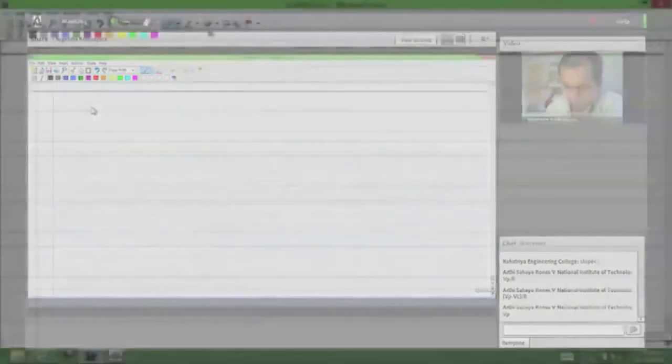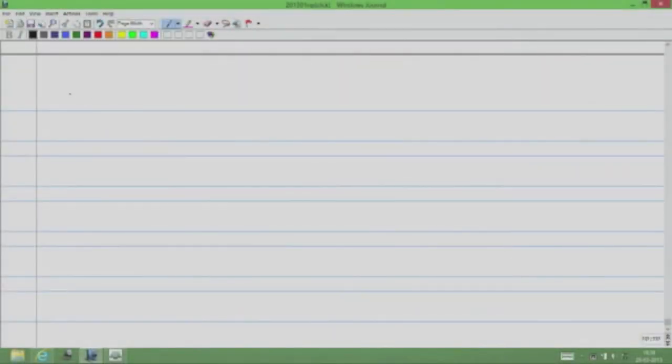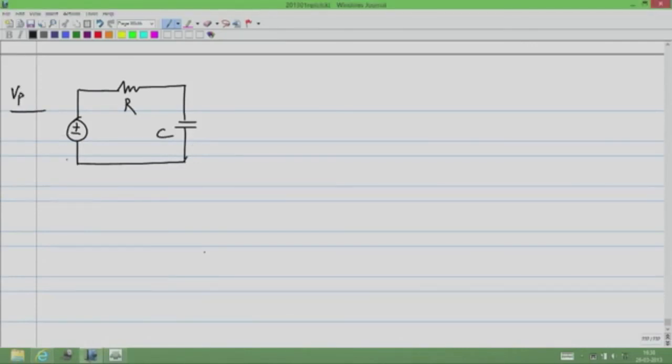Now let's go the other way around, just for completing the calculation. Let's say initially the voltage Vs is at Vp and the capacitor voltage Vc is also at Vp for t less than 0.